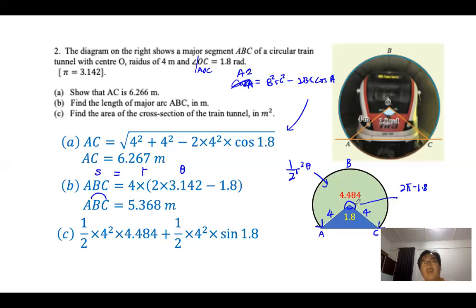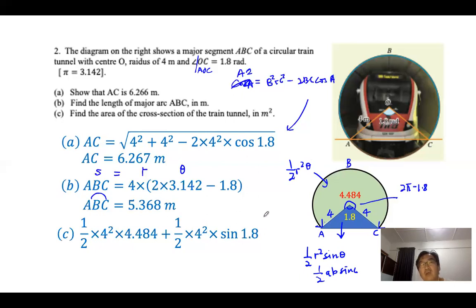So the theta is 4.84, the r is 4 squared, and then for the area of the triangle, we just use 1 over 2 r squared sine theta. Or actually it is 1 over 2 ab sine c. Since the r is the same, 4 squared, then we use sine 1.8.